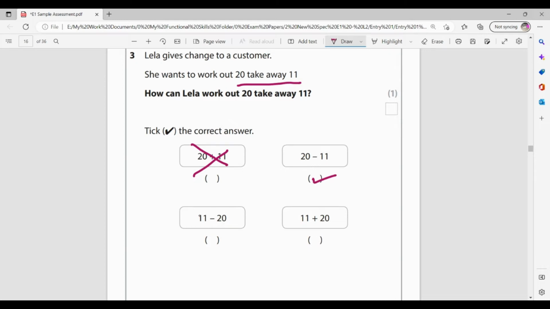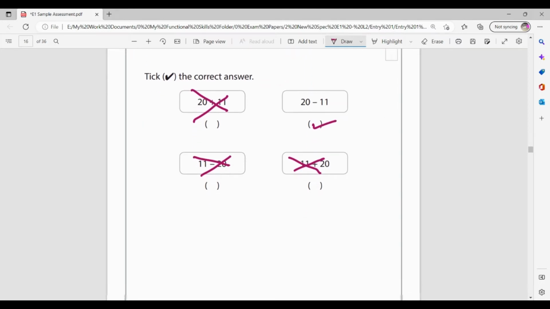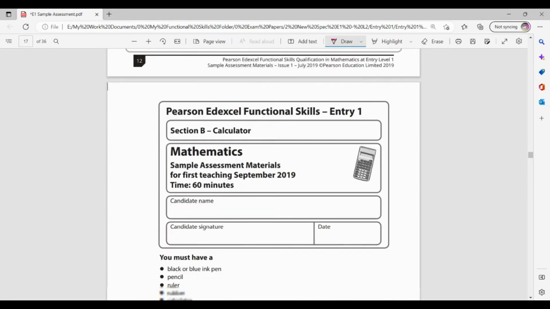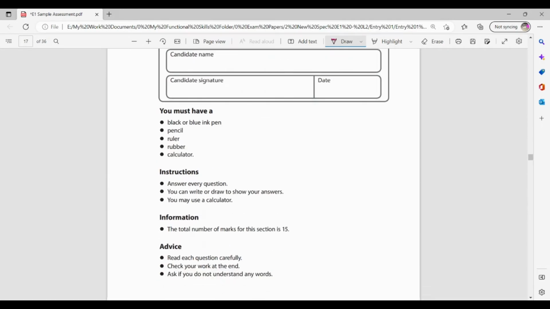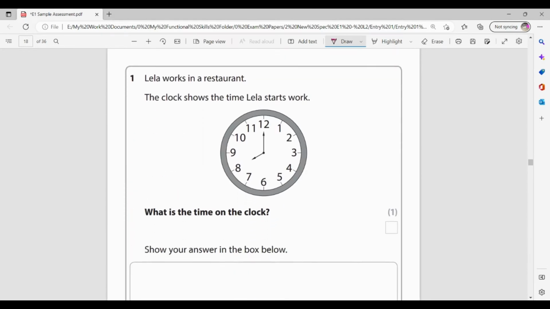Let's just double check. This one's 11 take away 20, so it's not that one. And this one's 11 plus 20, so it's not that one. So definitely 20 take away 11. So that's the end of my non-calculator section. I would then move on to my calculator section.